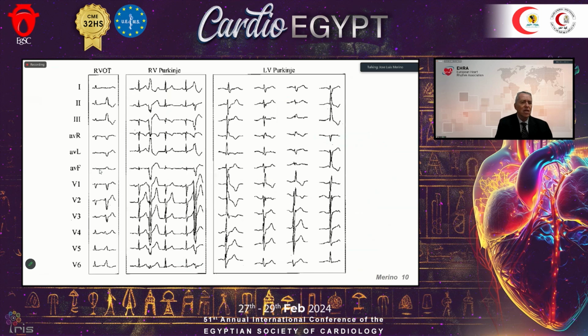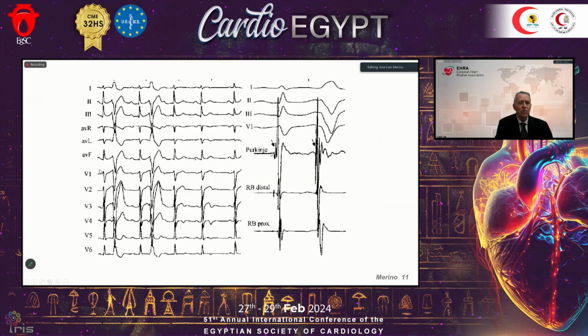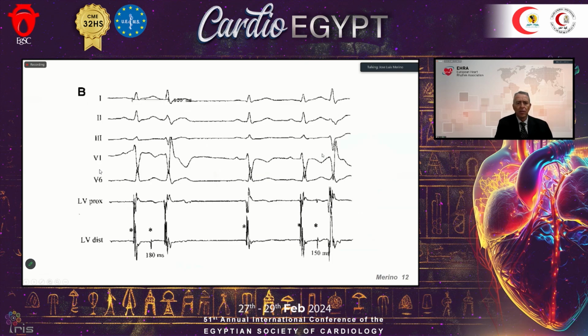Here you see some of the ECGs, those preceded by a Purkinje potential, both from the right ventricle and the left ventricle. Here is another example of these Purkinje potentials preceding the PVC. Another one, where sometimes the Purkinje activation only rarely preceded the PVC.